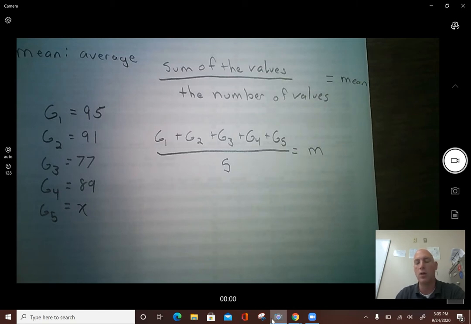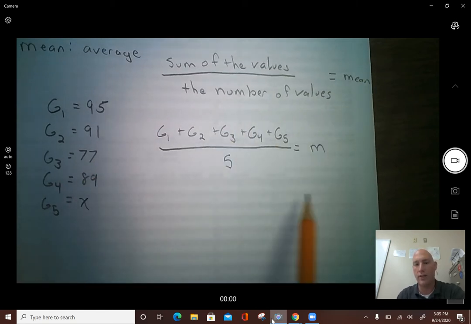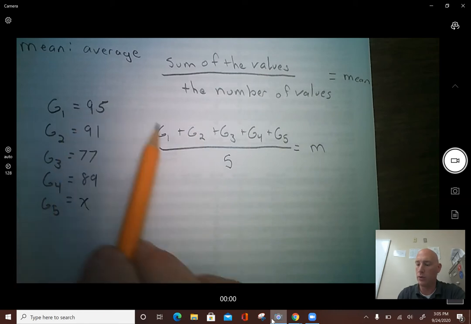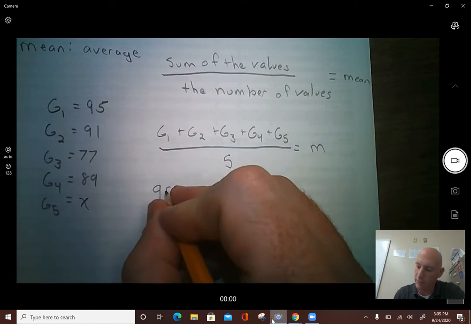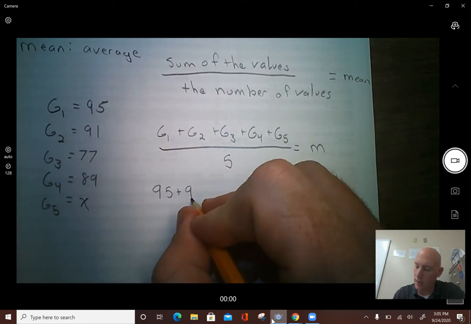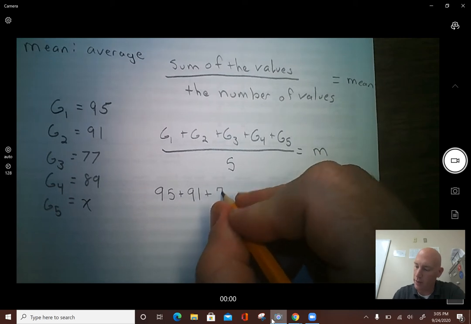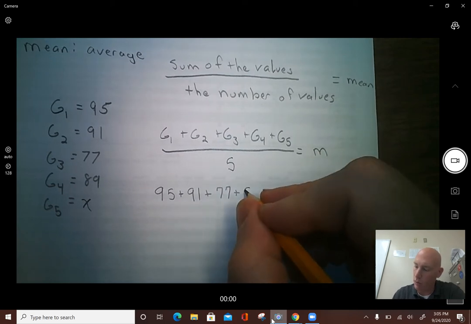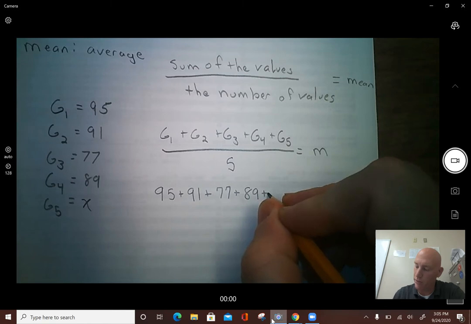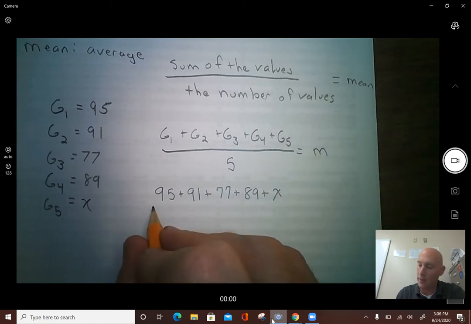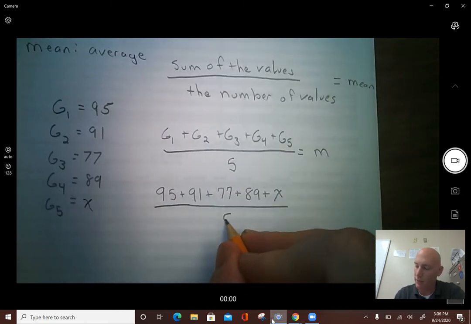Now let's plug in everything we know from before. G1 was 95, G2 was 91, G3 was 77, G4 was 89, G5 was X, and I'm dividing that by the 5 games.